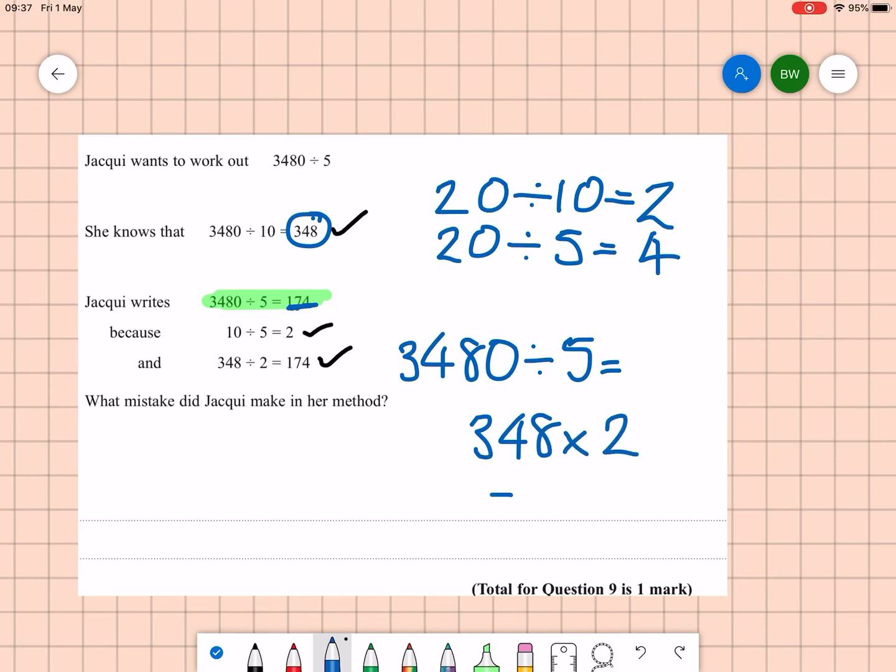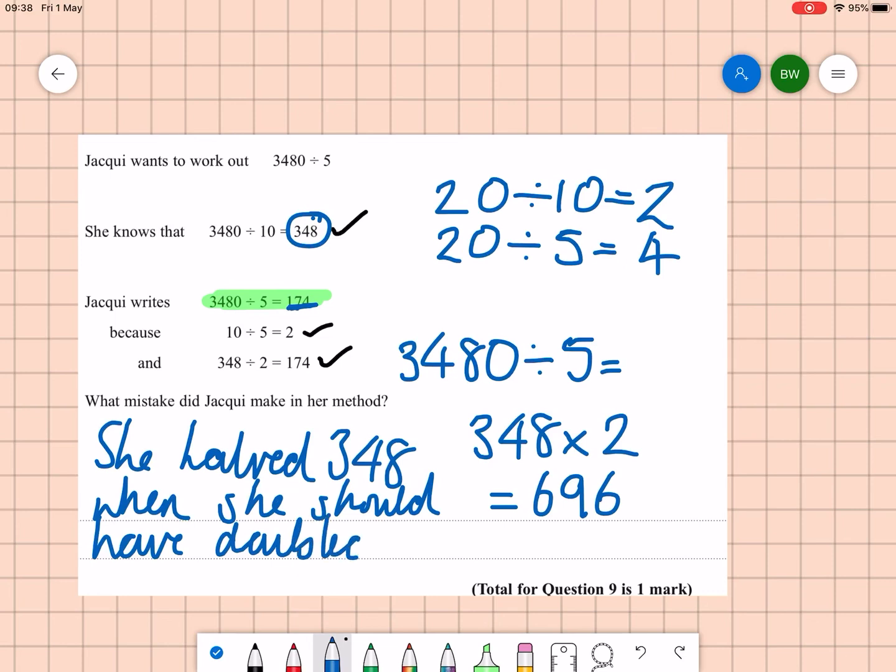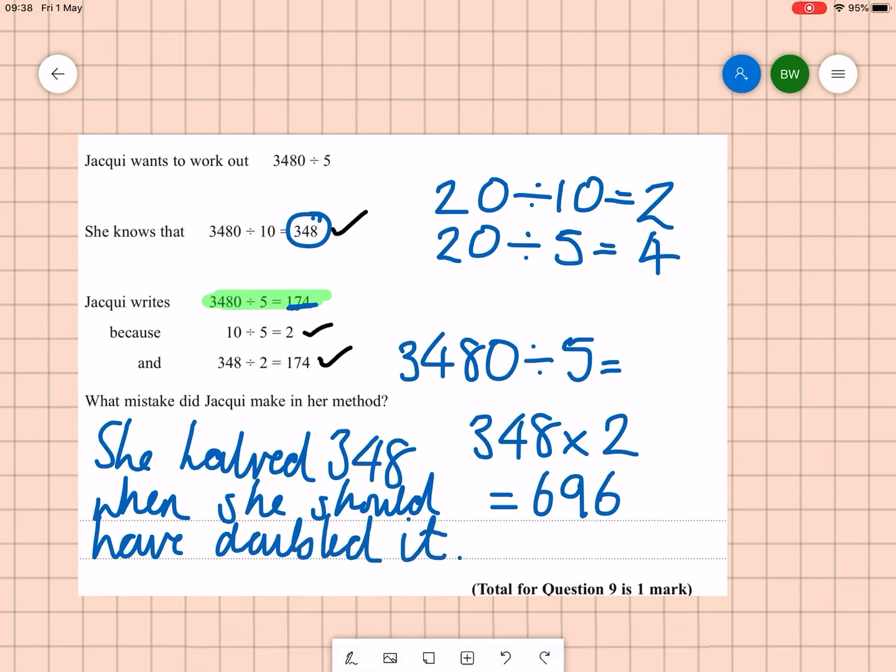Okay, so 348 multiplied by 2, which is 696. So the thing that she did wrong was to half the 348. When she should have doubled it. Because what she's doing, she's splitting it into less parts. So each part is going to be worth double.